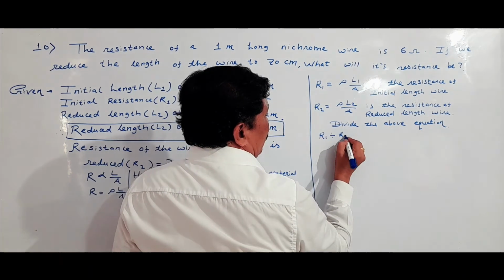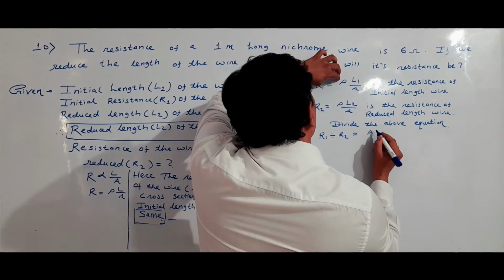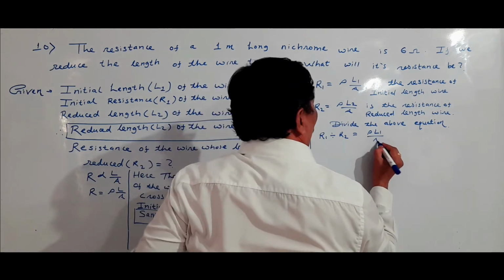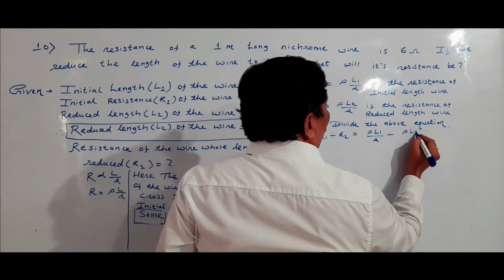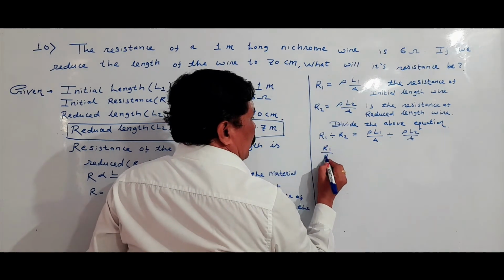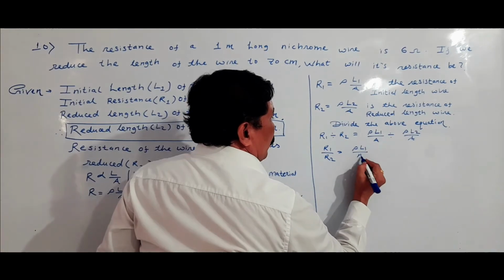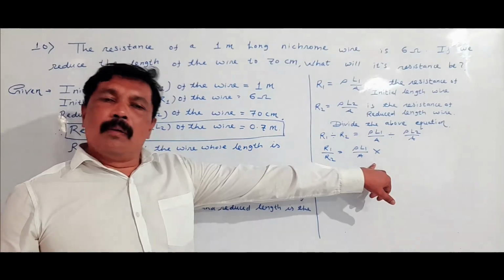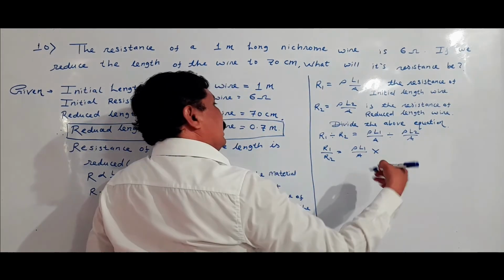R1 divided by R2 is equal to rho into L1 upon A divided by rho into L2 divided by A. So division we have converted into multiplication, so the other value will be reciprocal.